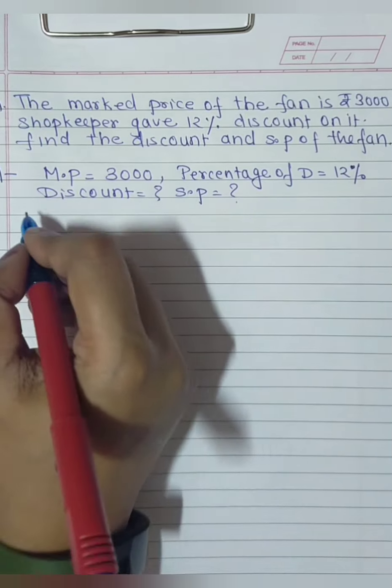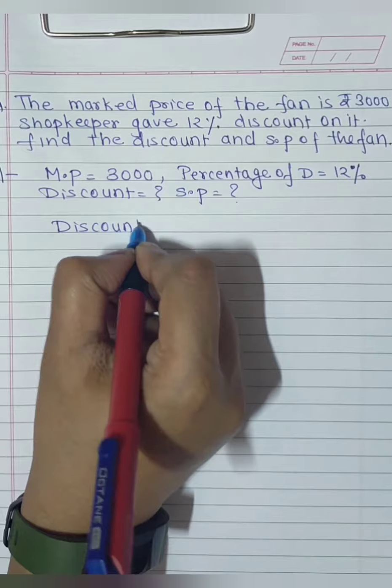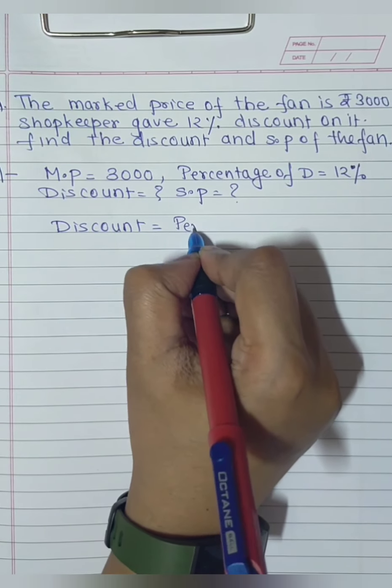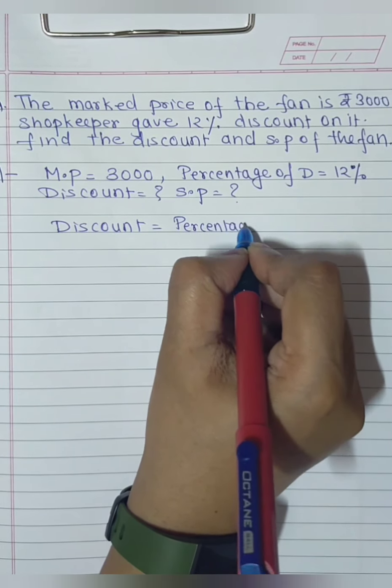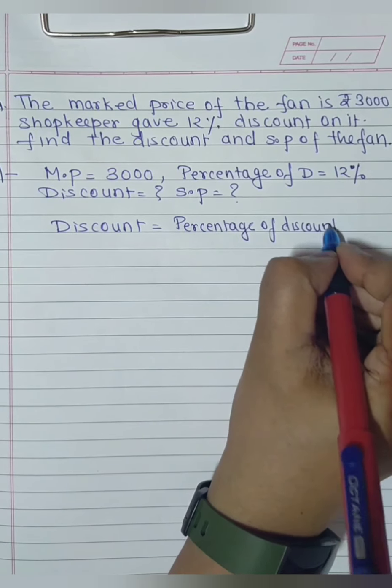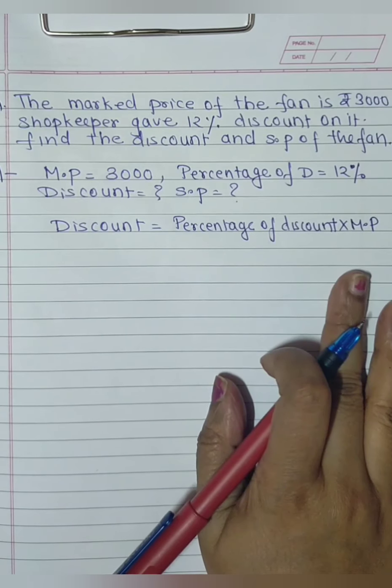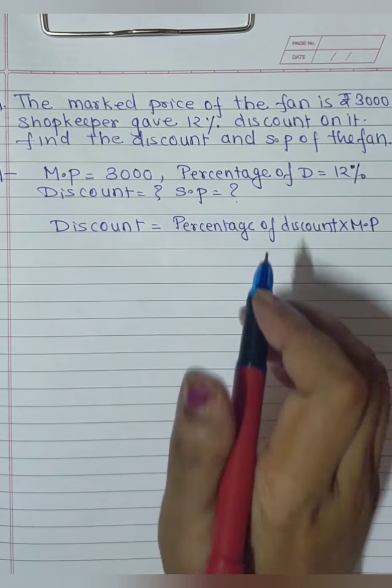So first we'll start with discount is equal to percentage of discount multiplied by MP.